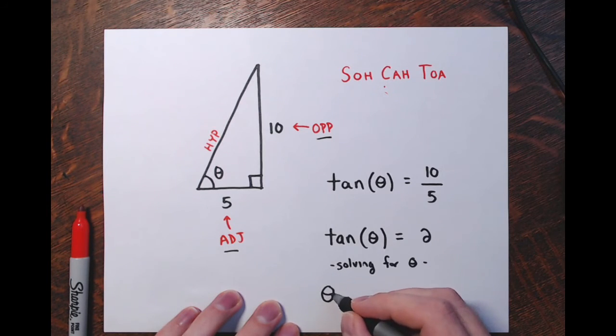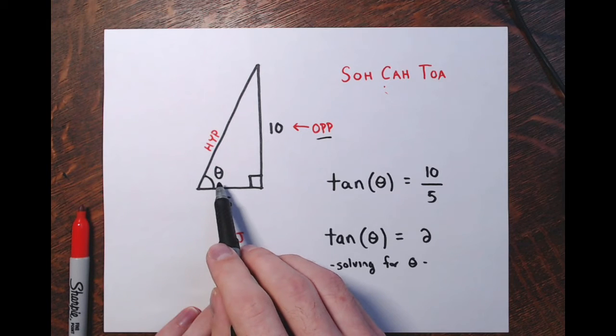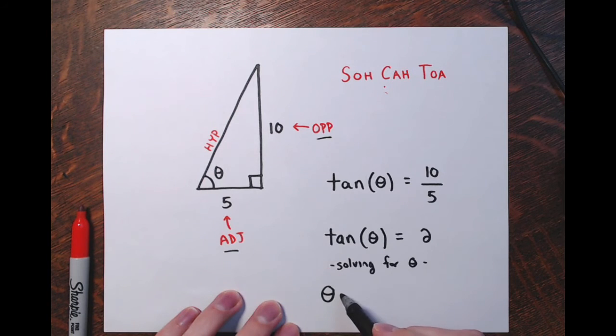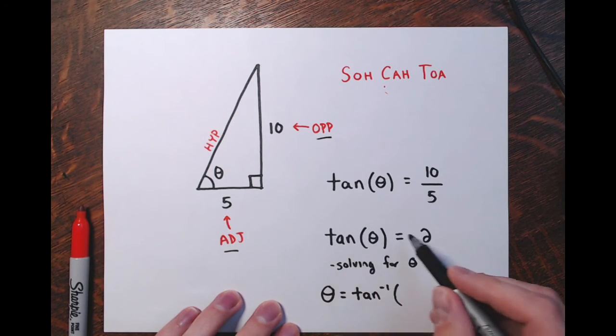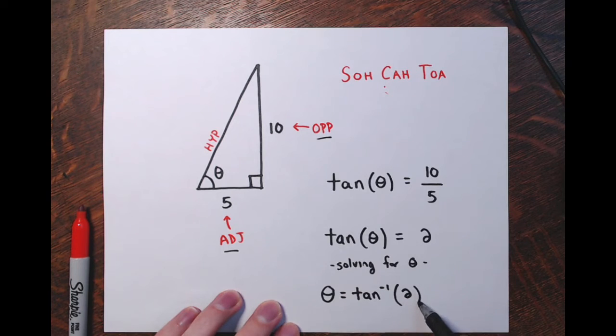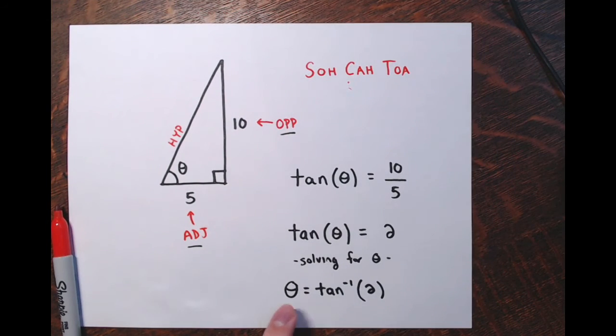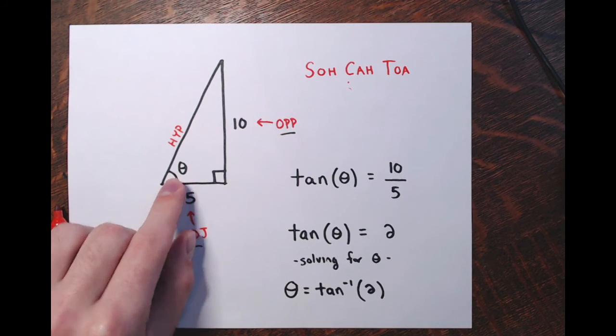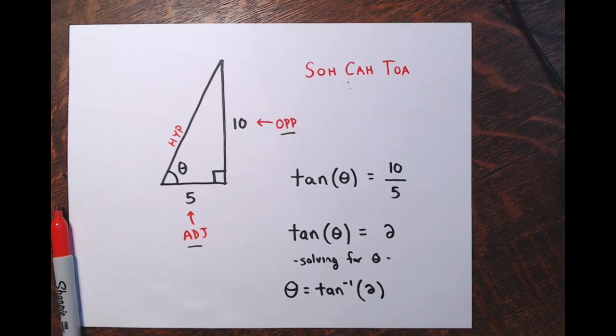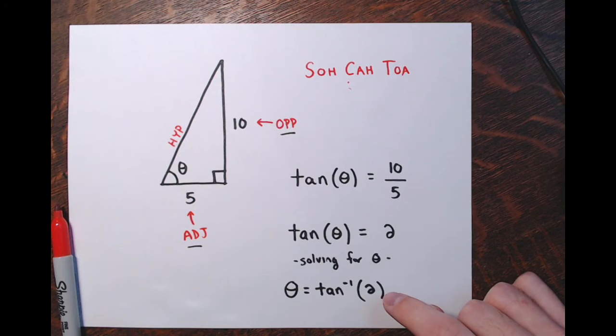This just gives me one solution, but it's the only one I need, because I'm only looking for an angle between 0 and 90 degrees, or between 0 and pi over 2 radians. And that's what the inverse tangent of 2 will give me. So this angle theta measures the inverse tangent of 2. This is the correct answer.